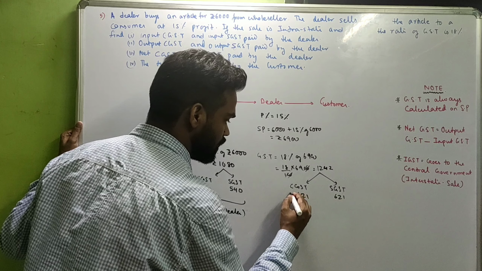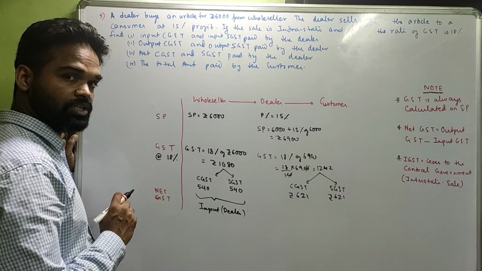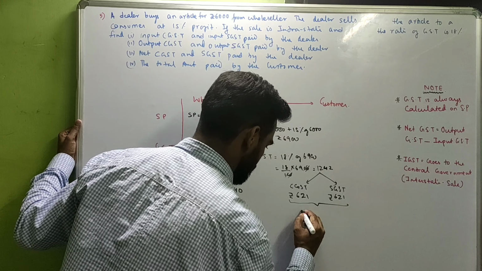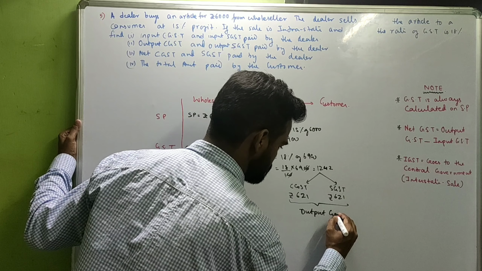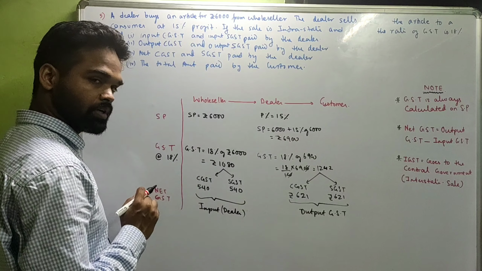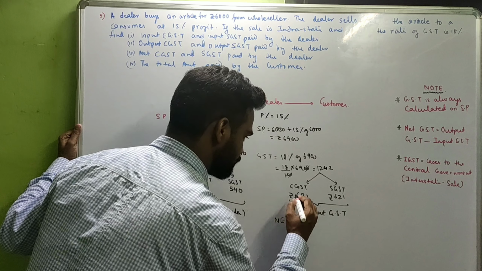Am I clear? Now in the dealer's case, we need to find the net GST. And remember, this is nothing but the output GST. For the dealer, the earlier amount was the input. Now in this case, we'll first find net.